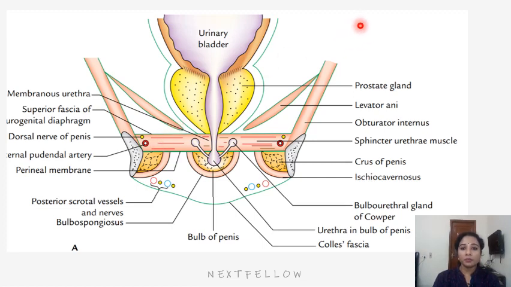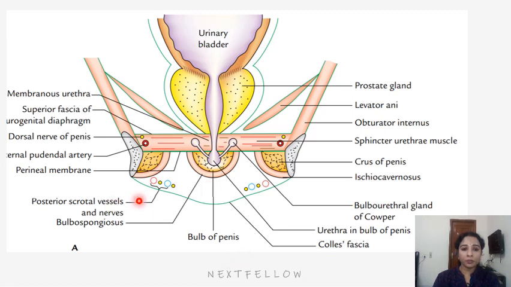Apart from these muscles, we can see the ducts from the bulbourethral glands present in the superficial perineal pouch. The ducts of the bulbourethral glands pierce the perineal membrane here and open into the urethra, that is the bulbous part of the urethra. That is one important thing.